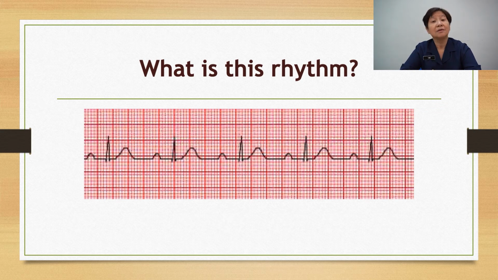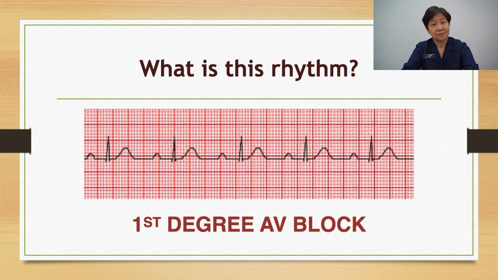QRS is narrow, P wave is upright, but the PR is prolonged. So we call this a first degree AV block. There's some delay in your AV node. For first degree AV block, the only thing you need to know is prolongation of the PR interval.